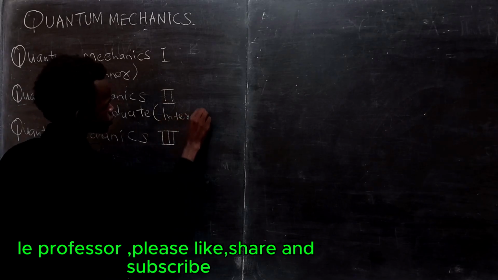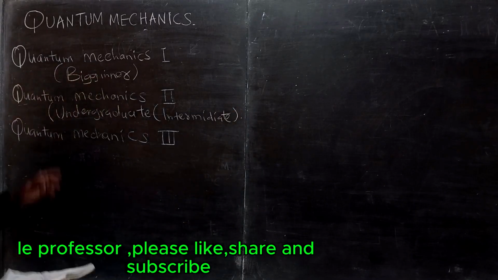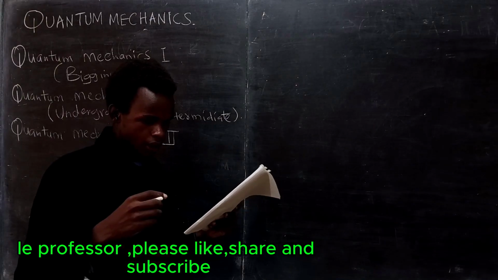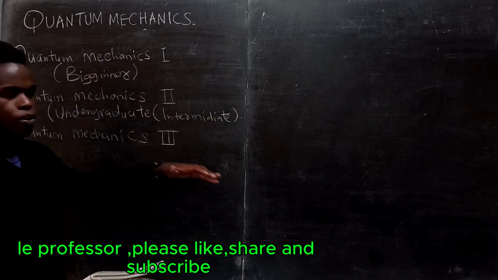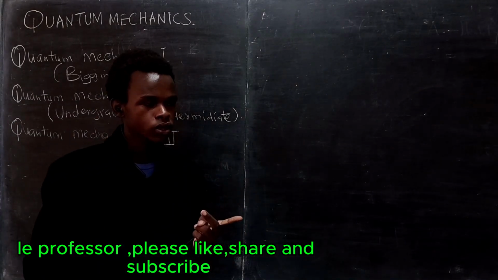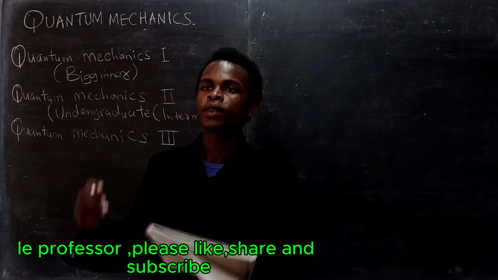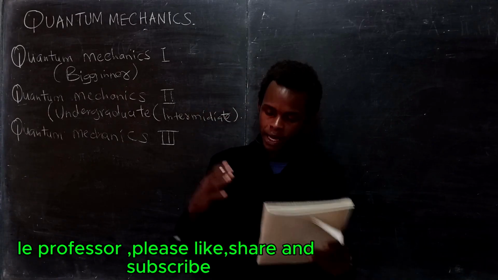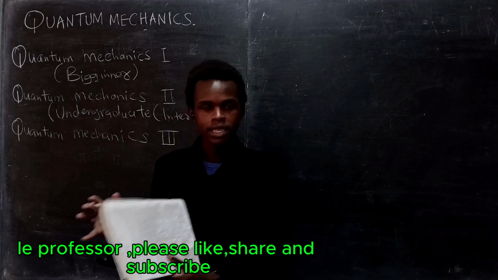Here I'll introduce quantum mechanics in both approaches. Quantum mechanics has 2 formulations: the formulation by Schrödinger, which is Schrödinger wave mechanics, and the formulation by Werner Heisenberg, which is matrix mechanics.